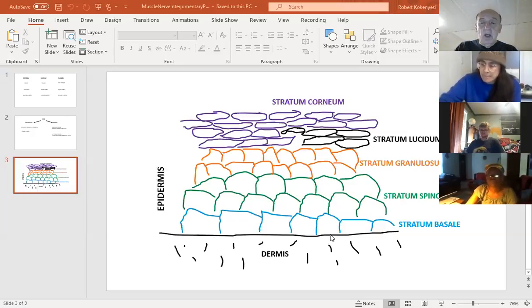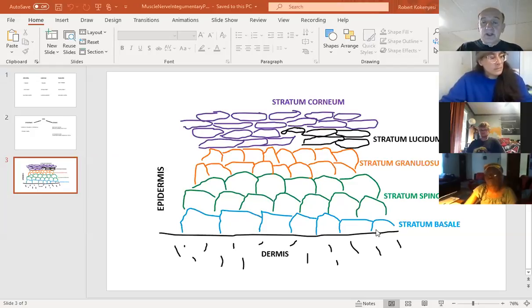The stratum spinosum cell layers still survive. They have enough nutrient and oxygen trickling through the stratum basale, but these cells don't have enough nutrients and oxygen to divide. So stratum spinosum cells just sit there and start making a few proteins and lipids, but they don't divide.